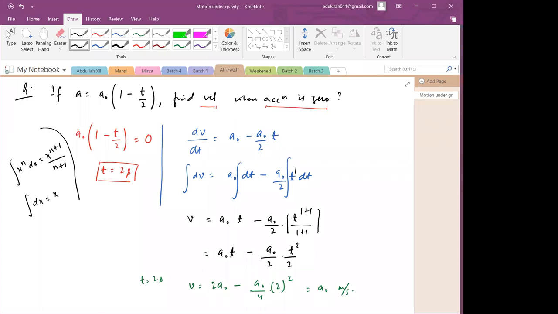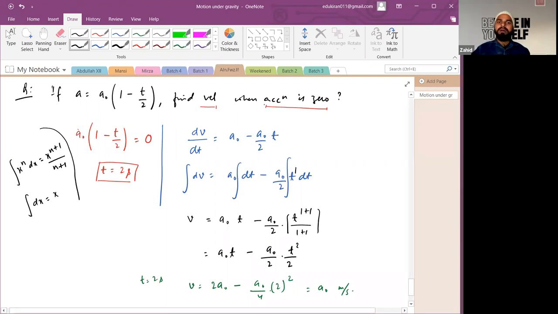Sir, how did you get t is equal to 2 seconds? We have been given in the question to find velocity when acceleration is 0. That's why I have put acceleration is equals to 0. And on simplifying it, we get t is equals to 2 seconds.